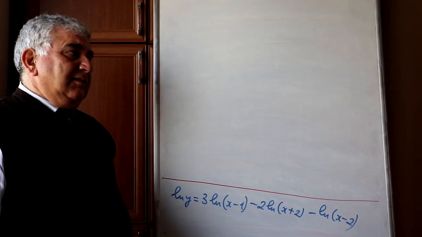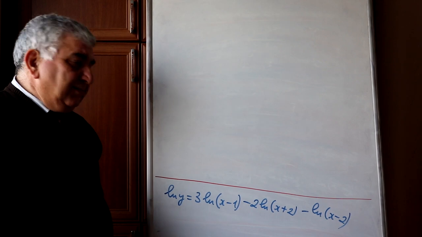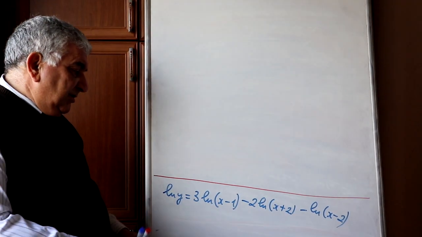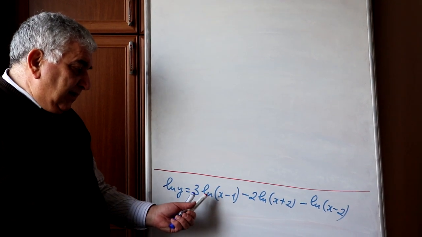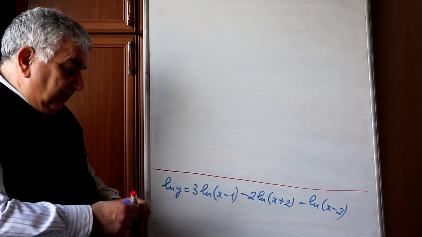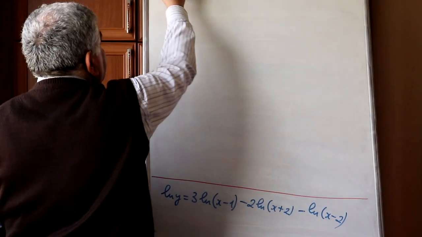Then go to the second step named the differentiation. Then differentiate both parts of the last equality. Second step.